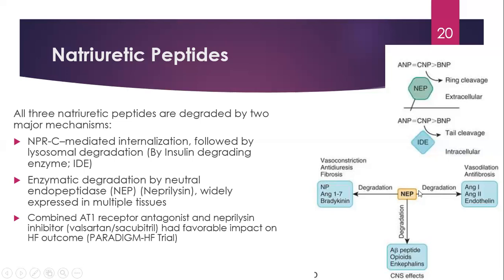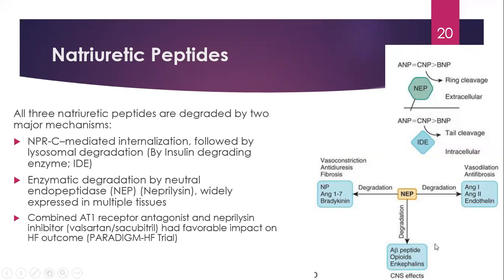But these enzymes can also degrade angiotensin and endothelin as well, okay? And since normally they produce vasoconstriction, when they are degraded, you get vasodilatation. The neutral endopeptidase in the CNS also degrades amyloid beta peptides, opioids, and enkephalins as well.